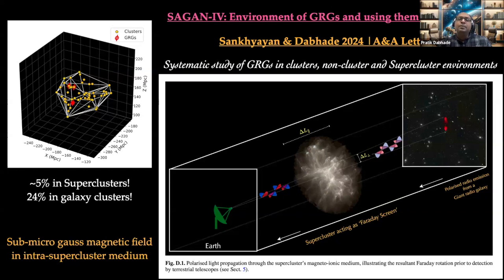We estimated it at around the sub-micro Gauss level, which is in agreement with certain theoretical models, but not in agreement with others. We did this as a proof of concept study, and we are now growing it to bigger samples.